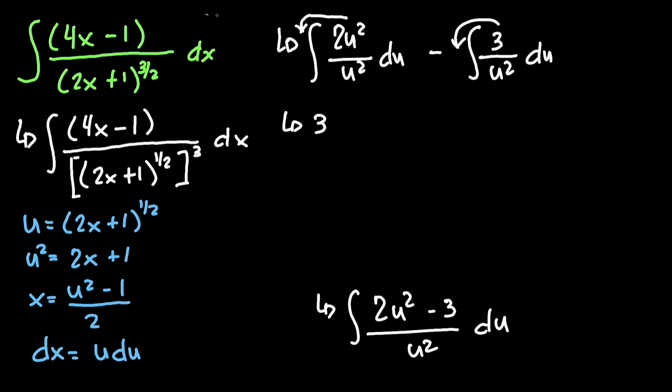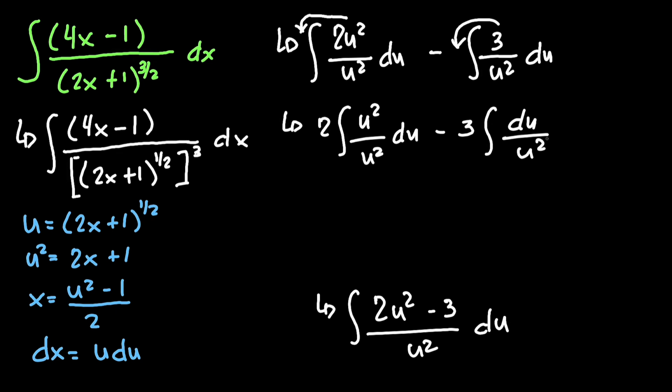It would become 2 times the integral of u squared over u squared du minus 3 times the integral of du over u squared. And so u squared here would cancel each other out, which would be equal to 1. And so it would become the integral of du is simply u, minus the integral of du over u squared.